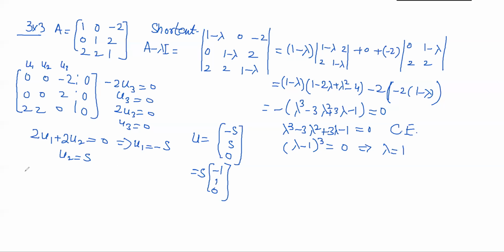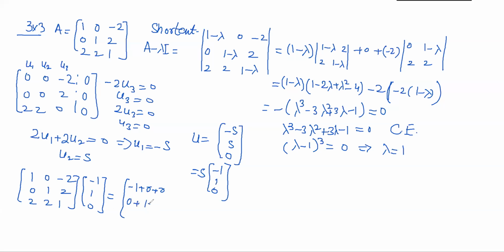And then we can verify it. We have matrix A as 1, 0, minus 2; 0, 1, 2; 2, 2, 1, times minus 1, 1, 0. Then we get 1 into minus 1 is minus 1, 0, and that will be 0; then 0, 1, and 0; and the last one will be minus 2 plus 2 plus 0.